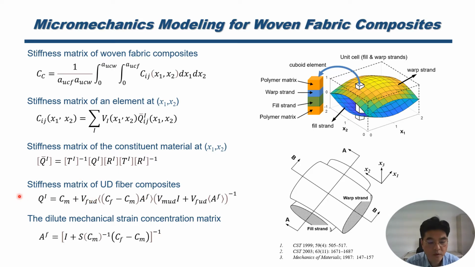And then you convert the stiffness matrix into the global coordinate system. Then you can get the stiffness matrix of an element, like this kind of element. After that, you can get the stiffness matrix of a woven fabric composite. Then you can have elastic properties from this stiffness matrix.